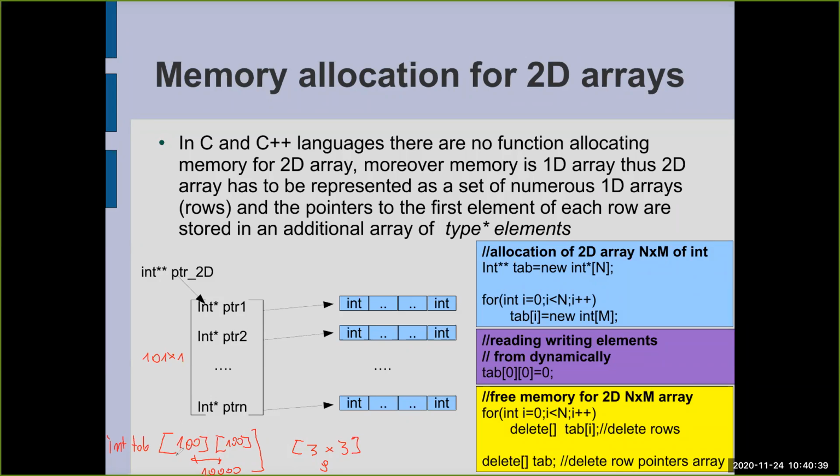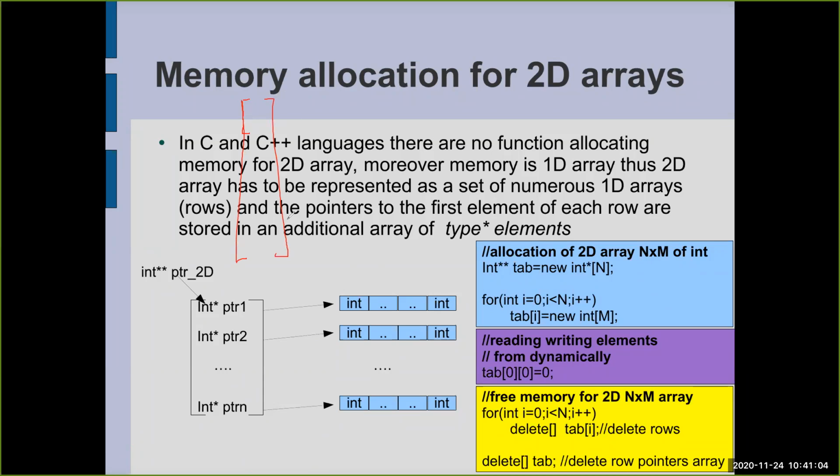So now I'd like to tell you how we can allocate memory for a two-dimensional array. Let's imagine that the memory is only a one-dimensional array.